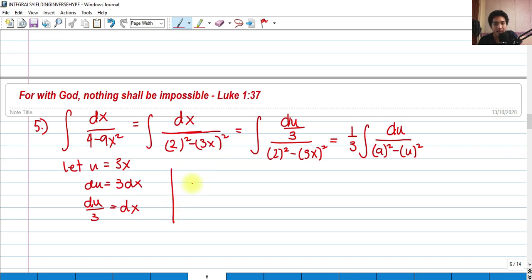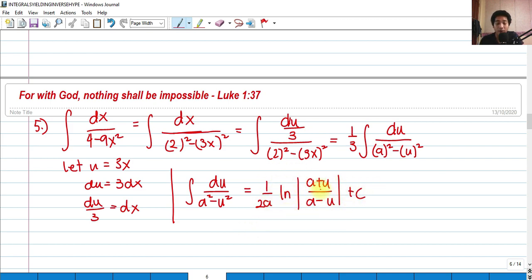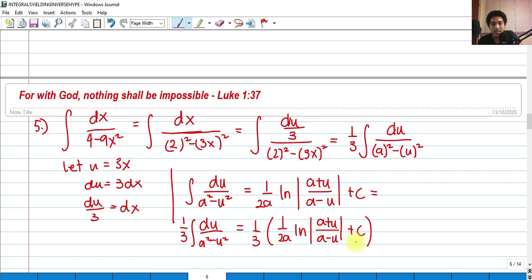So we know, class, that the integral of du all over a squared minus u squared from our formula above would be equal to 1 over 2a ln of the absolute value of a plus u all over a minus u plus c. This is the logarithmic form, natural logarithm. So we have 1/3 multiplied by 1 over 2a ln of the absolute value of a plus u all over a minus u plus c.